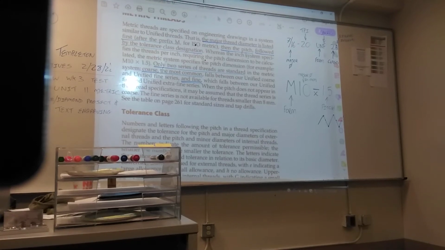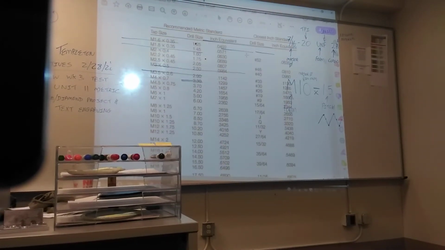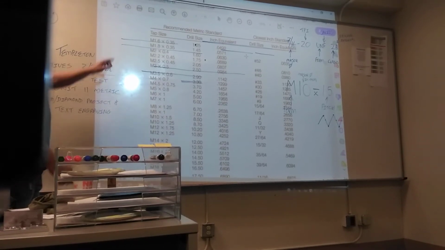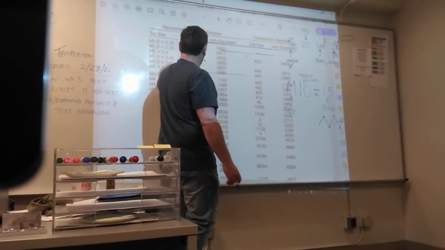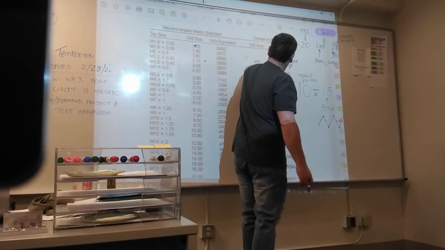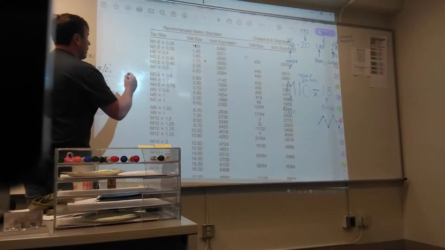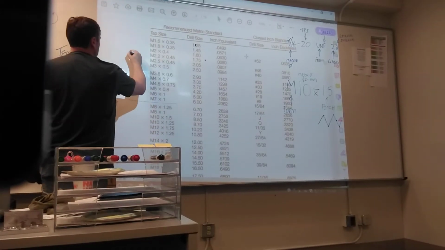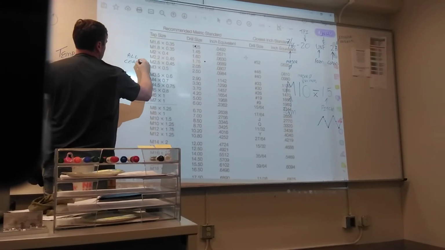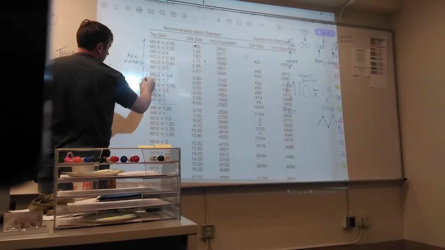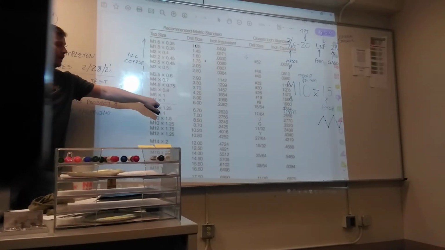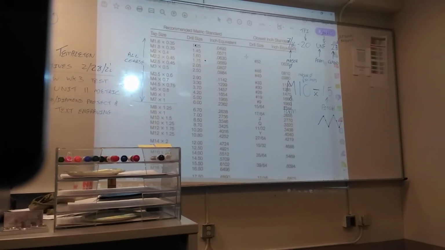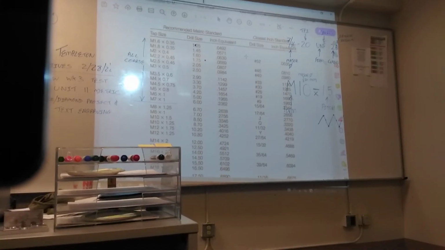Turn over the page. Have a look at that metric thread table. You've got metric threads all down this left side. Tap size, drill size, inch equivalent. From M1.6 all the way down to M7 by 1, those are all coarse threads.